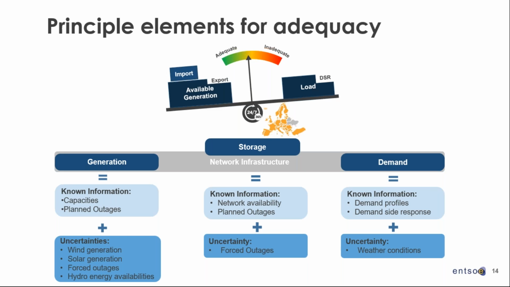Each of these data are gathered in dedicated databases, and we have a granularity at country level at least, or even bidding zone level within a country when relevant, like currently Italy, Sweden, and Norway. And for demand, we also have the demand side response that is considered as a best estimator. Today, we still have moderate values for that, especially in the short term. It is something that might change in the coming 5 years.